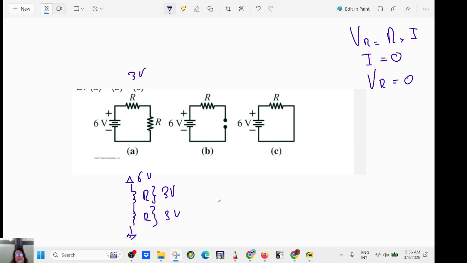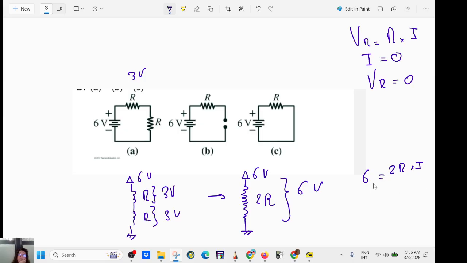Or you can do the long way. You can say 6 volts, everything happens like I have a big zigzag of 2R. The voltage drop is 6 volts. So 6 equals 2R times the current, and you can solve it this way also.